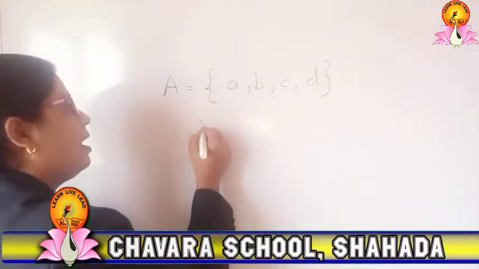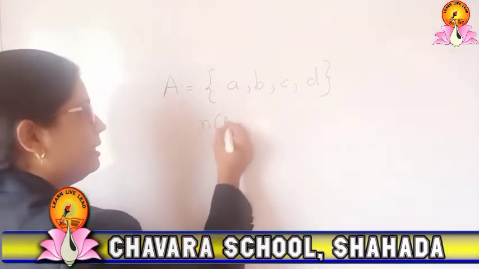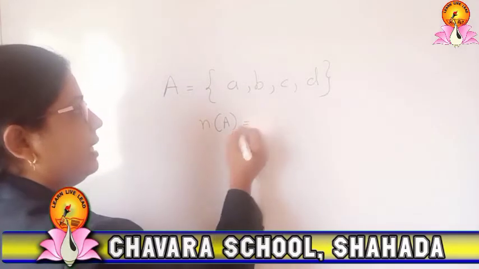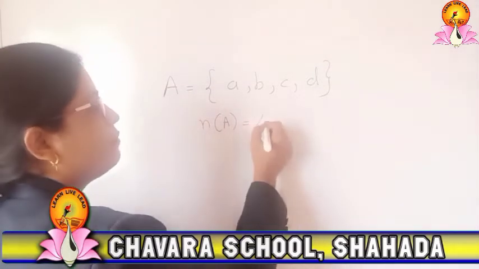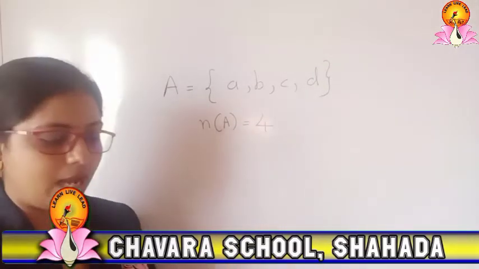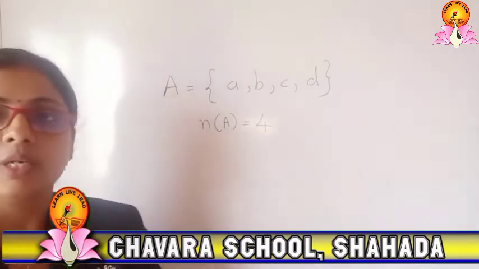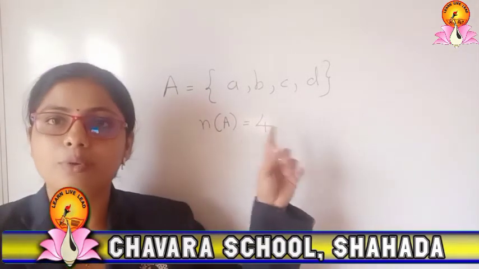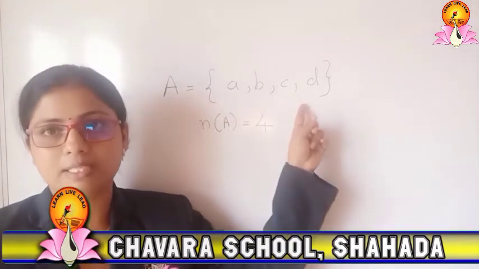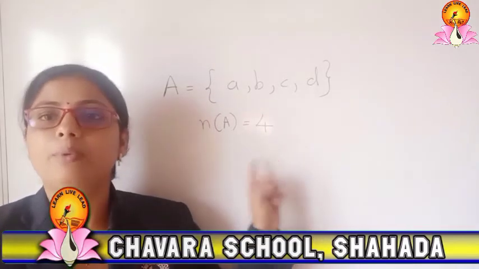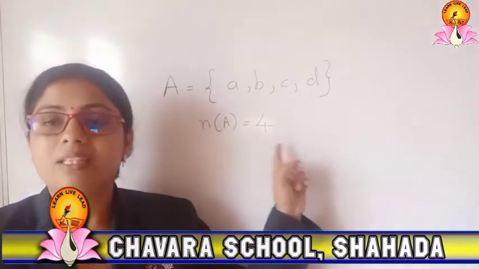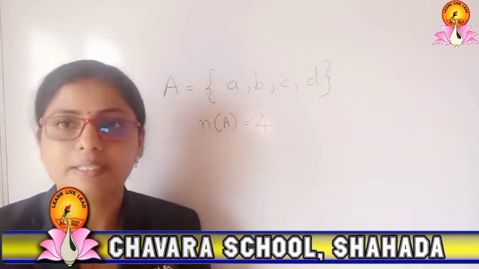So the cardinal number, that means the number of elements present in set A, is 4. You just have to count how many elements are present in the set and write it down in this form. This is nothing but the cardinal number.